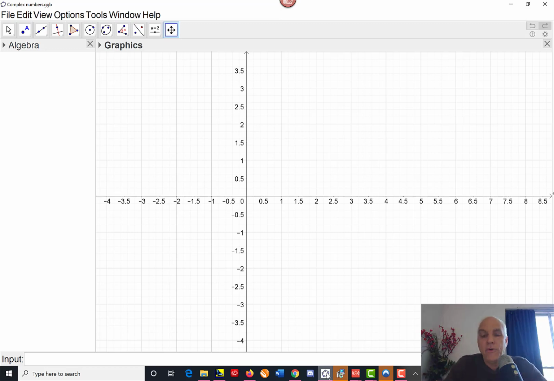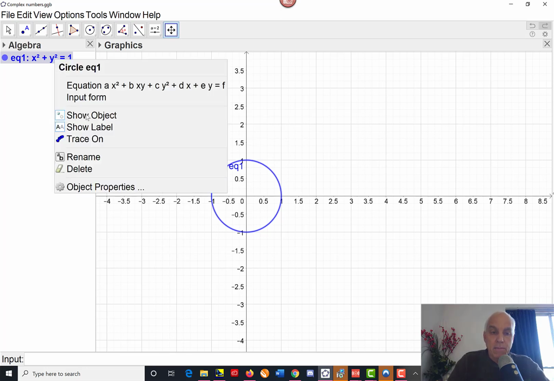It also helps us visualize algebraic and calculus kinds of things, and also, in fact, complex numbers. So here's the XY plane, and if you're not familiar with it, I'm just going to show you what you can do. I'm going to input the unit circle's equation, x squared plus y squared equals 1, and I'll enter that. So now you see the circle here, and its equation is up here.